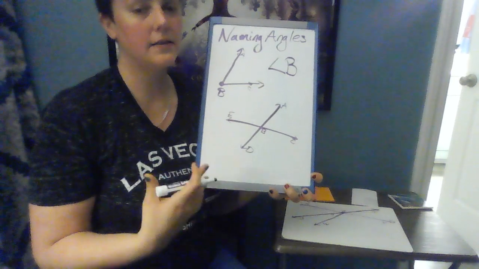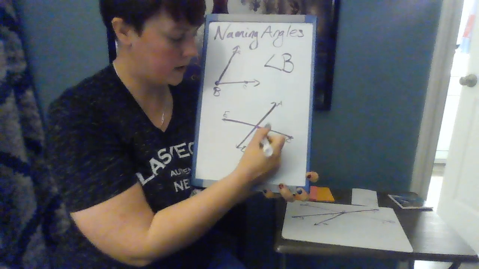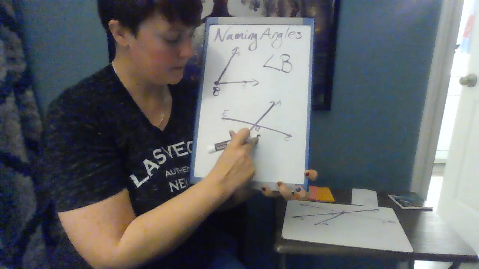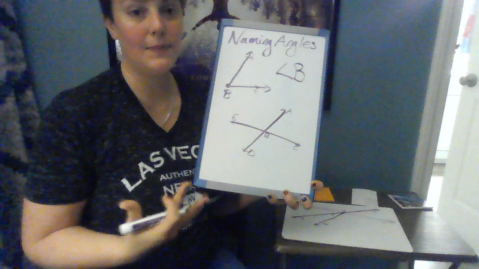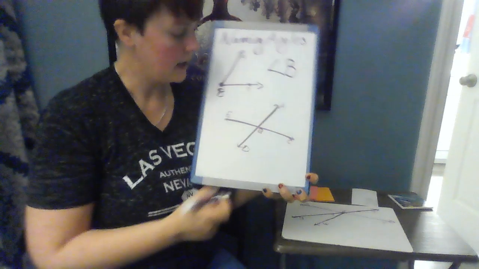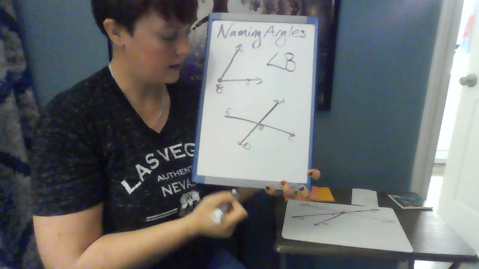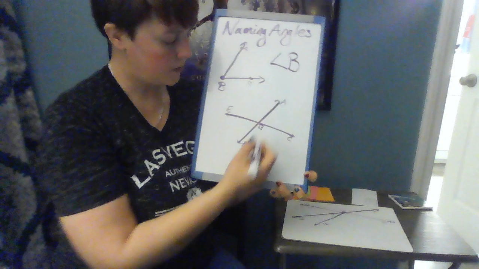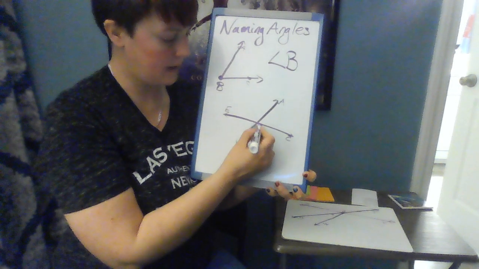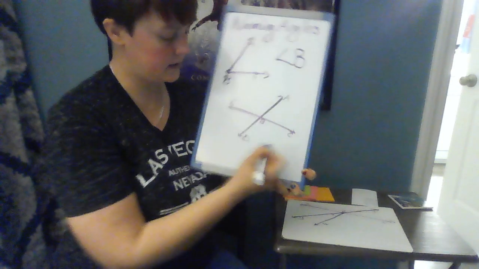Now, on your IXL, sometimes they called it angle 1 or angle 2 or whatever. But that's not always going to be that way. And you have to be able to name them using their letters. So we're still going to have this B here. That's going to be very important.